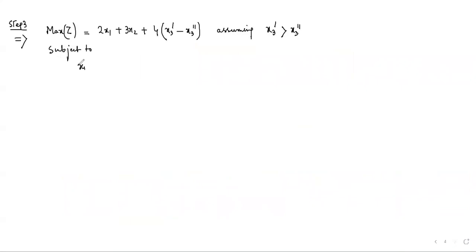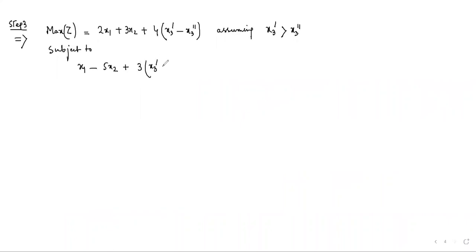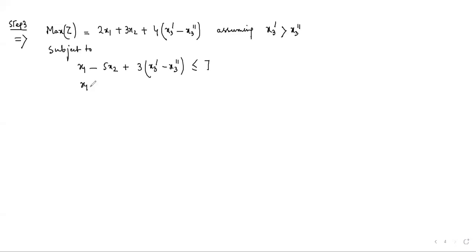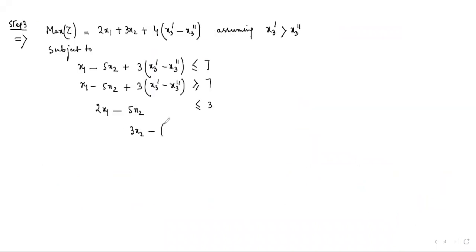So in the subject to: x1 minus 5x2 plus 3 into x3 prime minus x3 double prime is less than or equal to 7; x1 minus 5x2 plus 3 into x3 prime minus x3 double prime is greater than or equal to 7; 2x1 minus 5x2 is less than or equal to 3; and 3x2 minus x3, so in place of x3 you write x3 prime minus x3 double prime, is greater than or equal to 5.